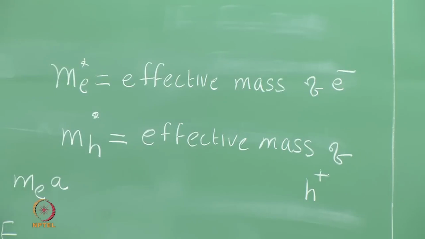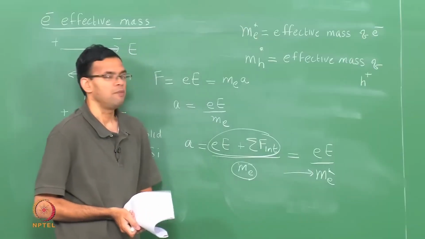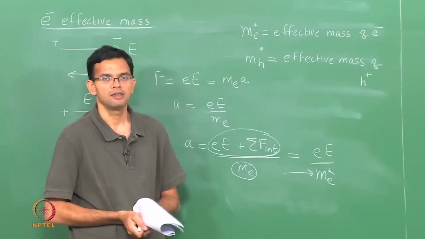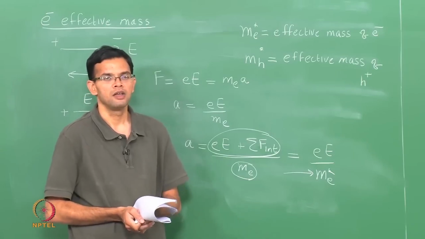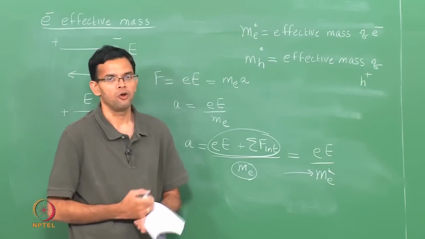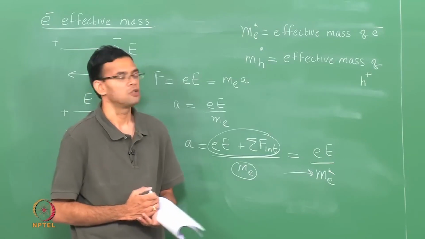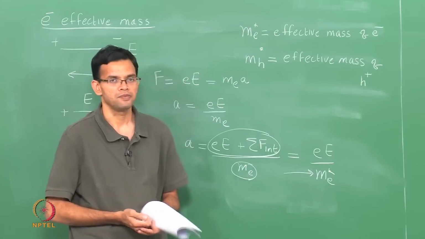Now, the effective mass term will basically affect the conductivity of a material. Lower the value of ME star and MH star, higher is the conductivity. One way we can think about it is that if these values are lower, then the influence of the lattice is less, and so you have higher conductivity.